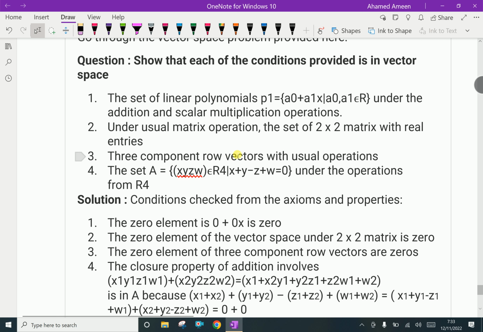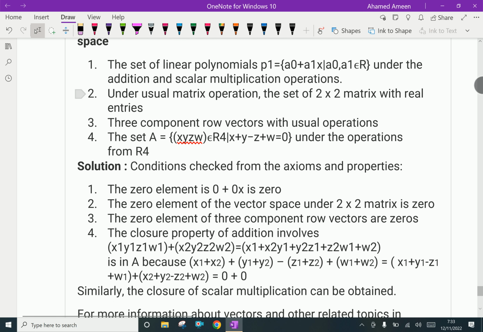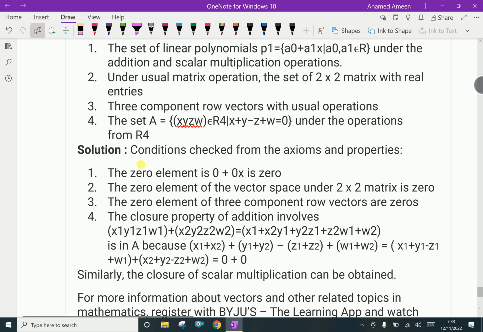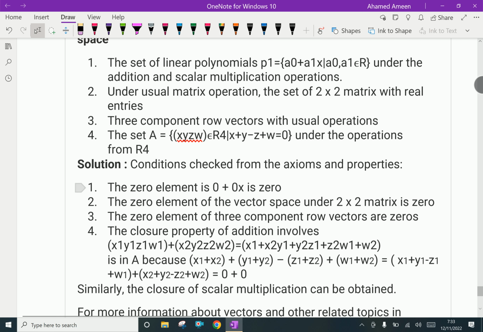Under the usual matrix operations, the set of 2 by 2 matrices with real entries. For example, the zero element of the vector space under 2 by 2 matrices is also 0. That means the zero element is in the matrix space, then the vector space also has that zero.